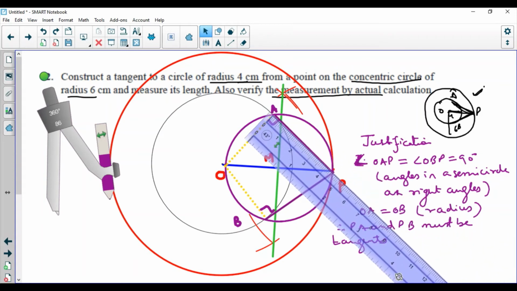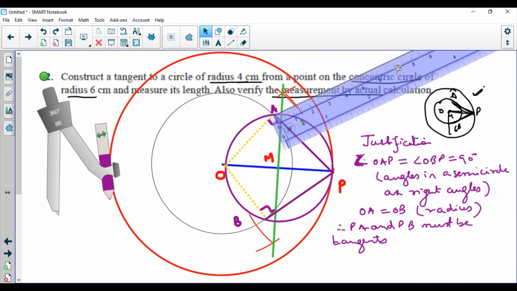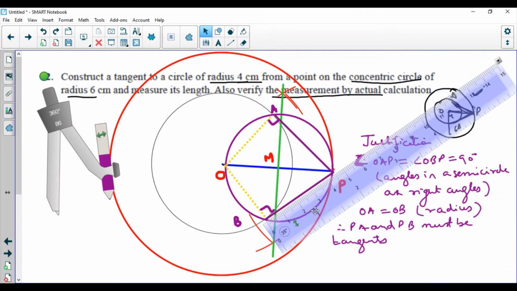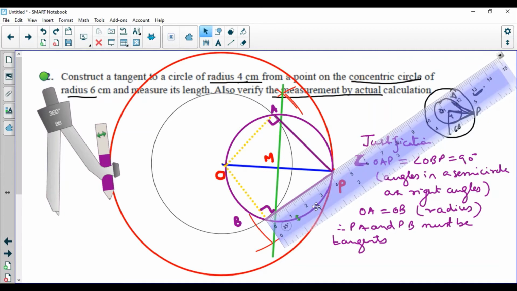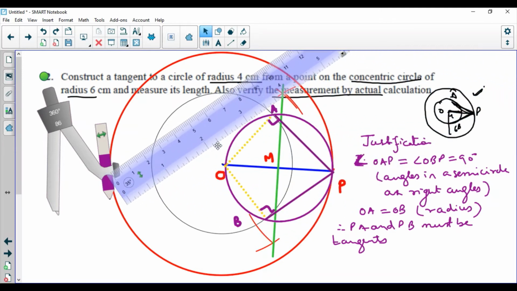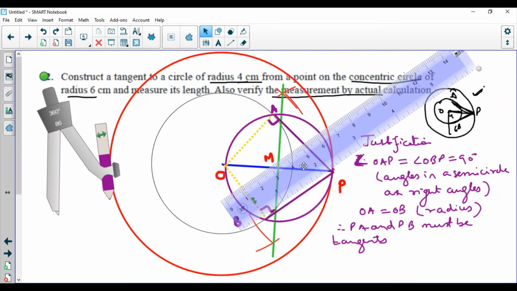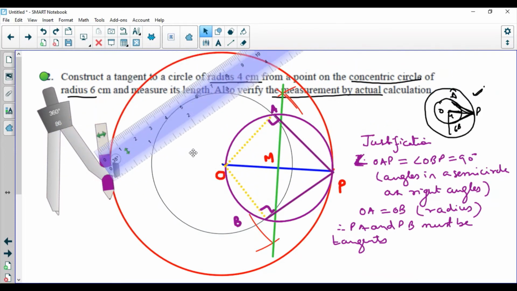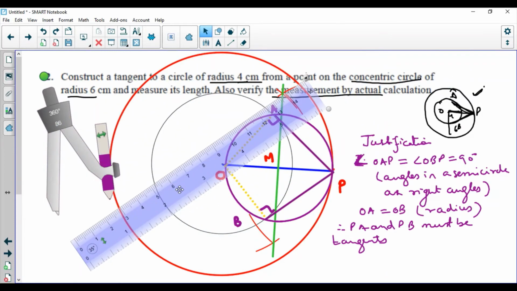For me PA is approximately 4, PB also 4.2. It should be the same, so suppose 4.1 and 4.1, or we can consider plus or minus 0.1, because error chances are there.